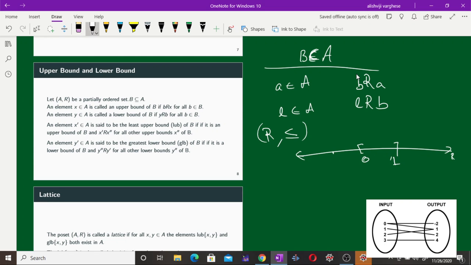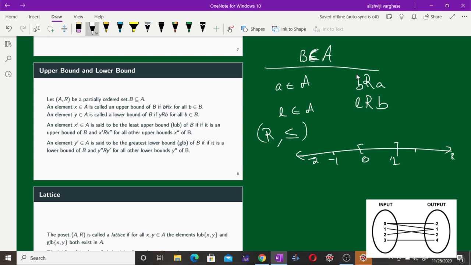So if we take an element like minus 1, minus 1 is less than 0, less than 1, and minus 1 is less than any other element in between 0 and 1. So minus 1 is a lower bound. Similarly, the case is with -2, -3, -4, etc. So there are infinitely many lower bounds.